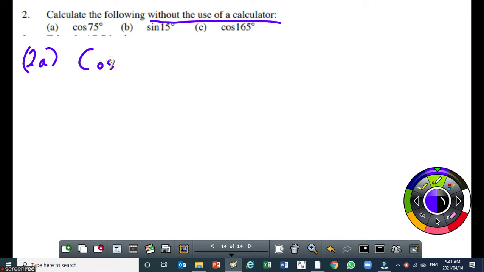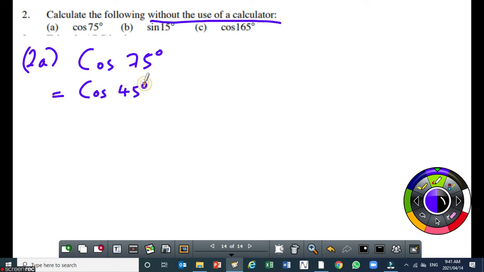So cos 75 degrees, right? I can split it up and write it as cos of 45 degrees plus 30 degrees. Okay? Then I can expand it using number 2. So the 45 will be my alpha, the 30 will be my beta.